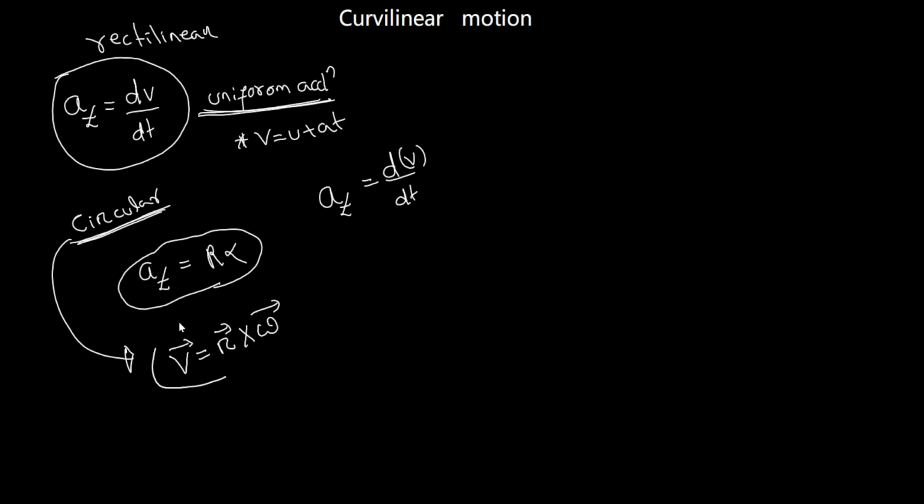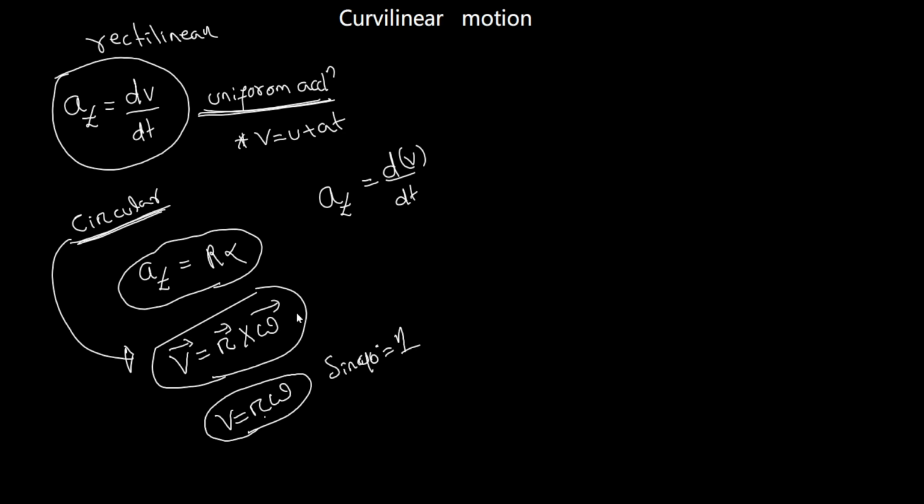So this is the formula. I can write v is equal to r omega in simple terms. The velocity is nothing but the product of r into omega, because sine 90 degree is equal to 1. We know that if you solve r vector cross omega vector, you get r omega sine theta.